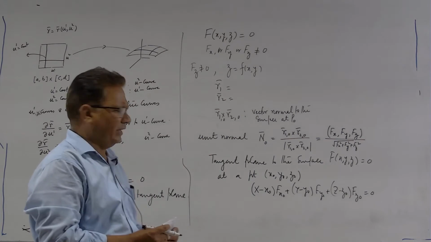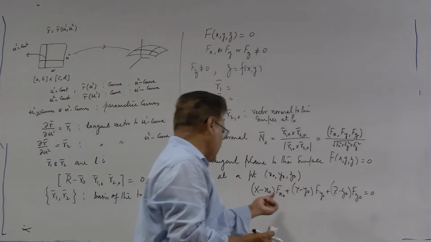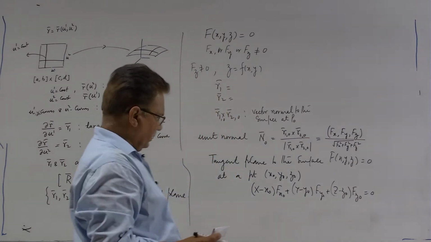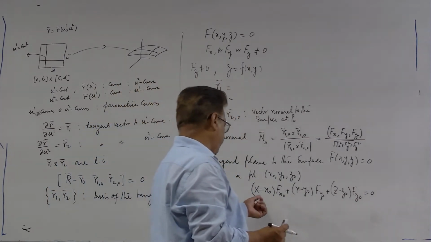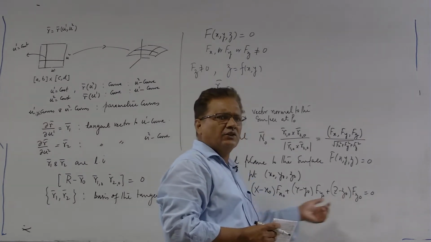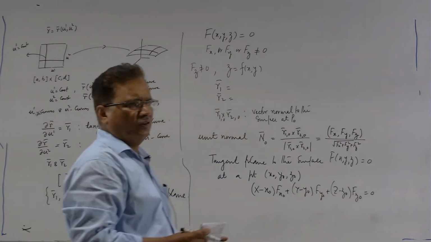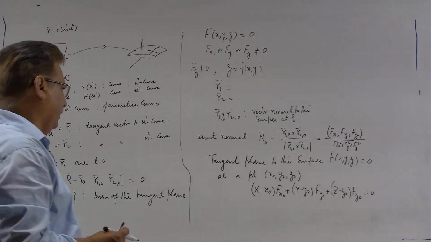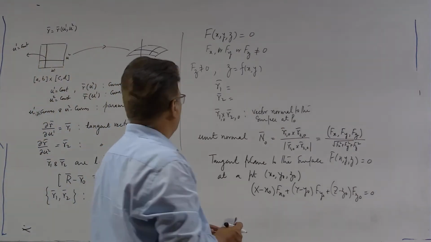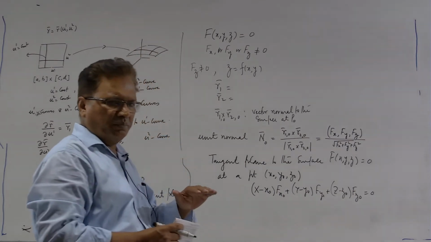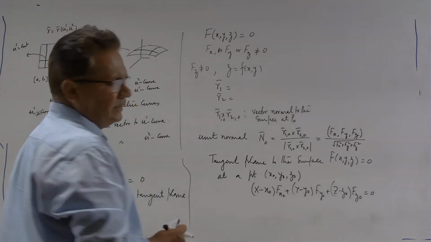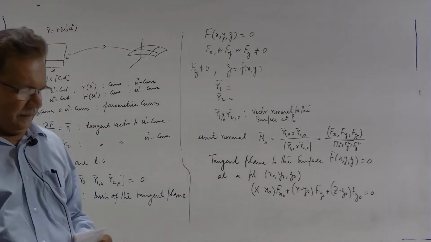And this was natural also, because these are the direction ratios of the normal, and the plane passes through x0, y0, z0. So, this is a standard way of writing the equation of a plane. Yesterday we worked out that the tangent plane is the plane which has the highest order of contact. This is what I did in my last lecture yesterday.